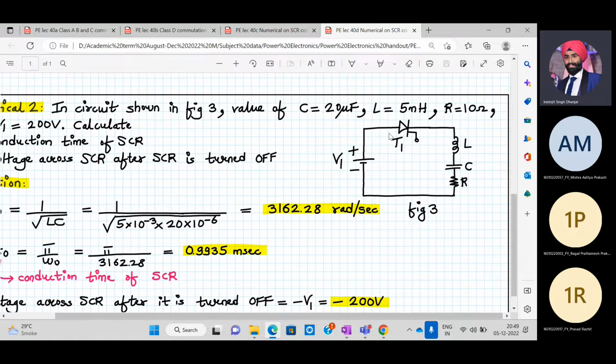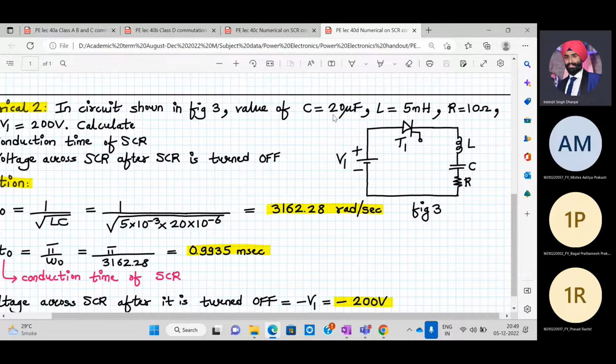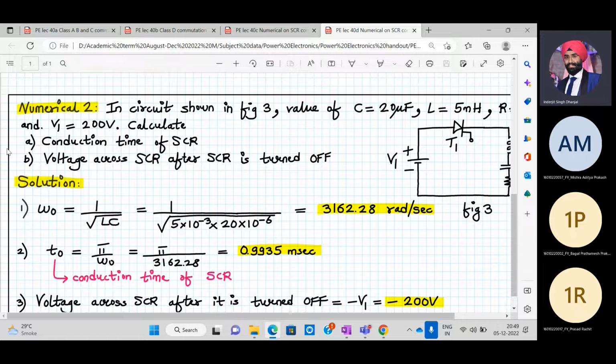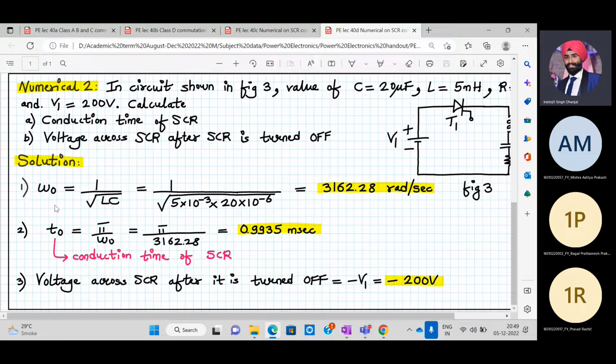So this is a class A commutation. Here the values of L, R and C are given, V1 is given. They are asking us the conduction time of SCR and the voltage across the SCR after the SCR is turned off. Very simple numerical. Omega naught is 1 upon square root of LC, so you can easily calculate omega naught. It's coming out to be 3162 radians per second.